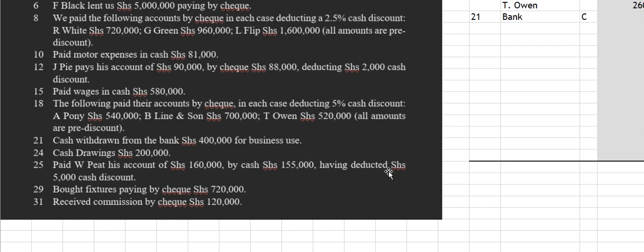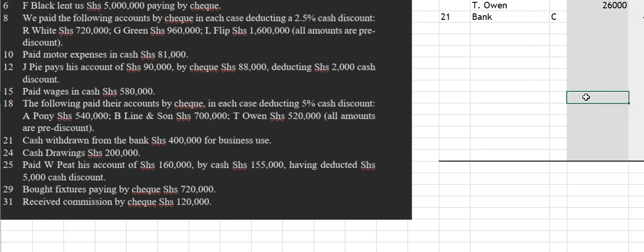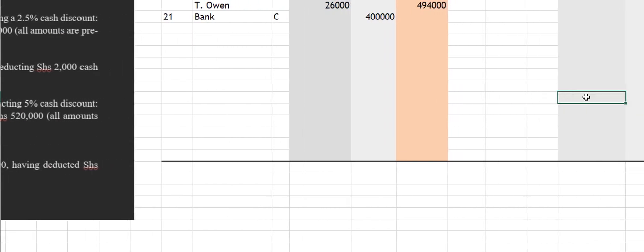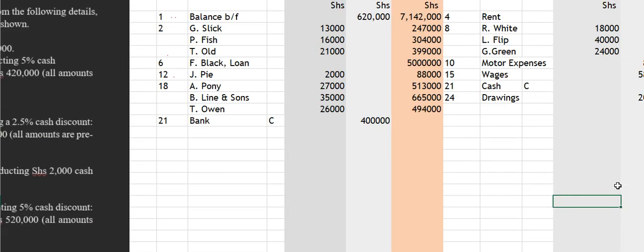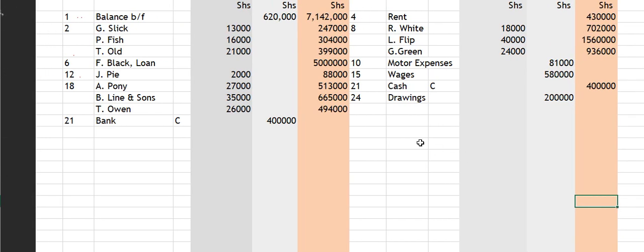So 155,000 was paid. Wine Wholesalers is making a payment, so the cash book should be credited. Payments are credited in the cash book.